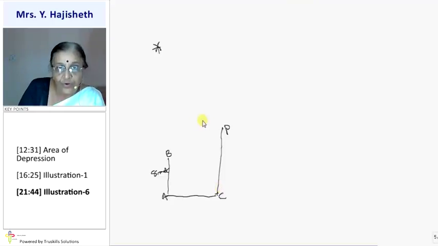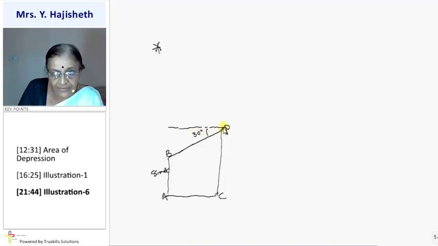Now, from P, I draw a line horizontal, okay? From P, the angle of depression of top of the building is given as 30 degree. And from the top of the multi-storied building, the angle of depression of the bottom of the building is 45.